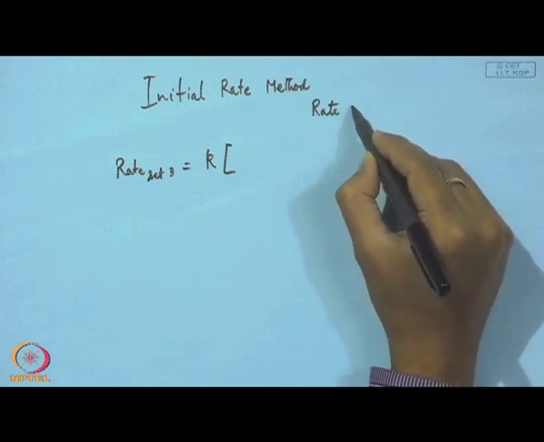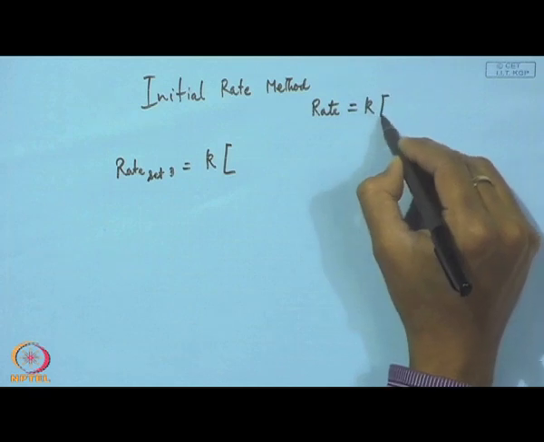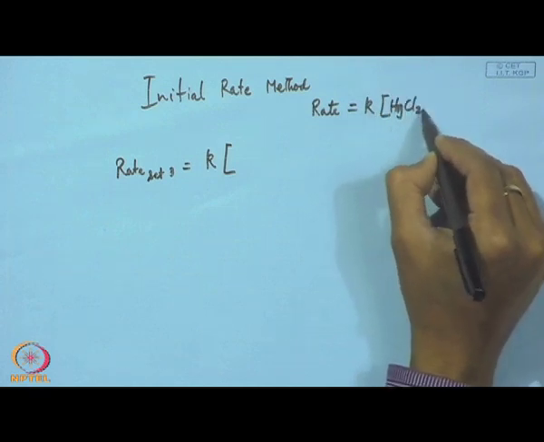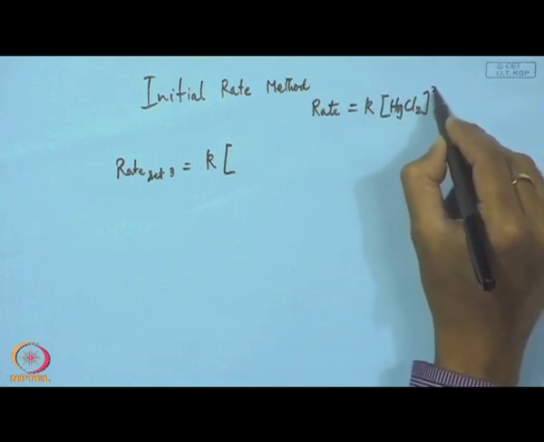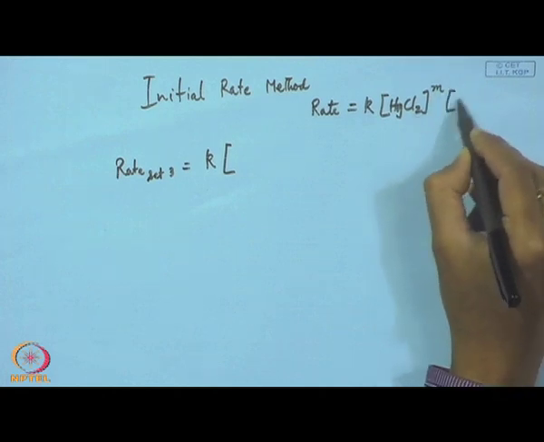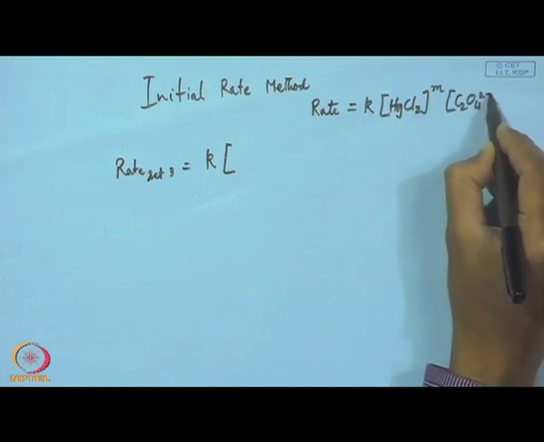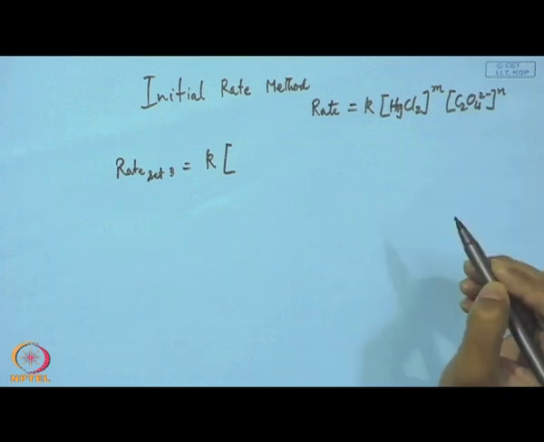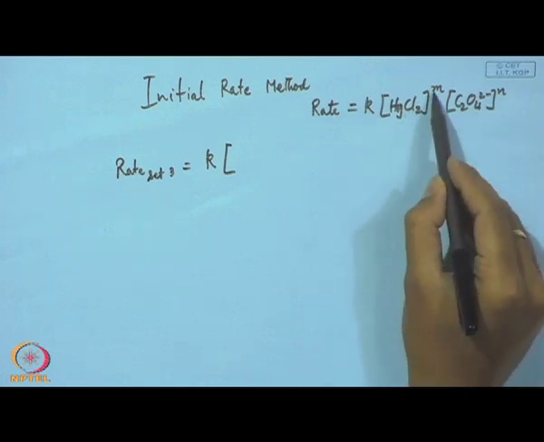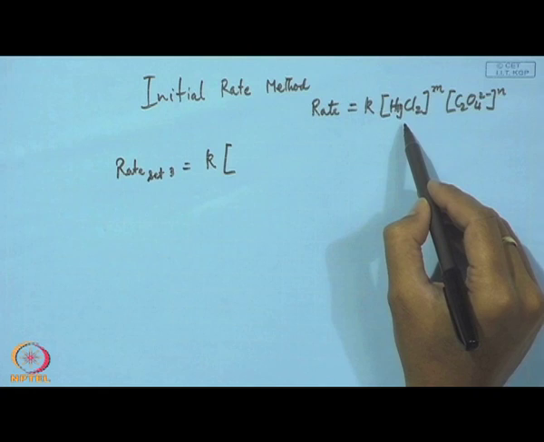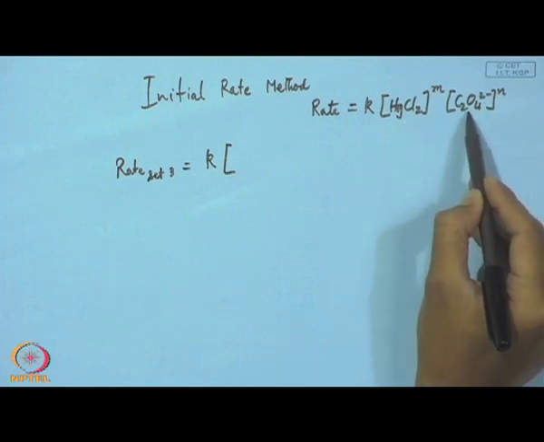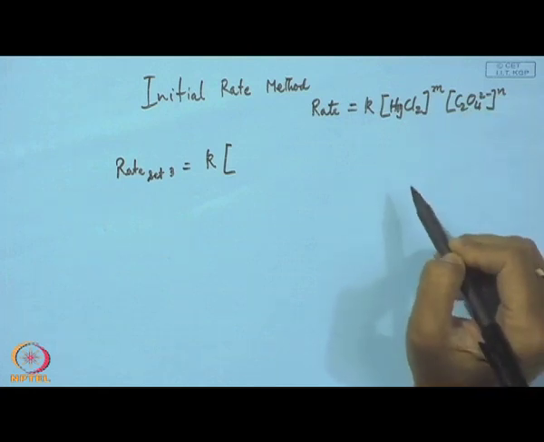So, we have to write like this: rate is equal to K into HgCl2 to the power m and C2O4 2 minus to the power n. That means the reaction is mth order with respect to mercury chloride and nth order with respect to oxalate. Okay.